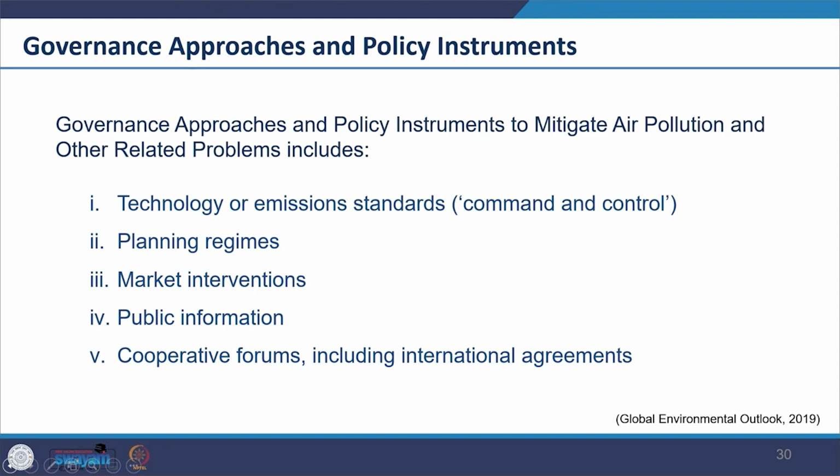So take care of this term, command and control, which covers all the technologies and emission standards, for pollution control, emission reduction, everything. Then there's another term, planning regime. Then you see market intervention, public information, and also cooperative forums, including international agreements. So how do we collaborate? What kind of agreements are there? These 5 terms you would be seeing frequently.